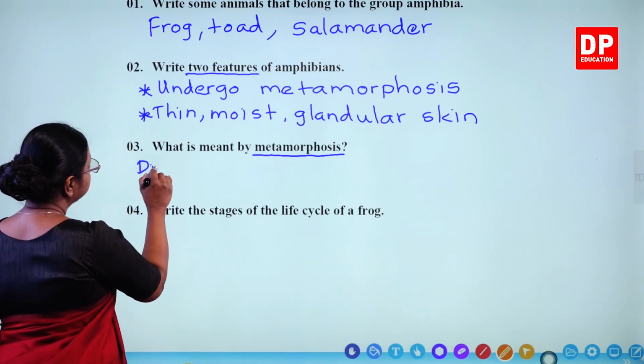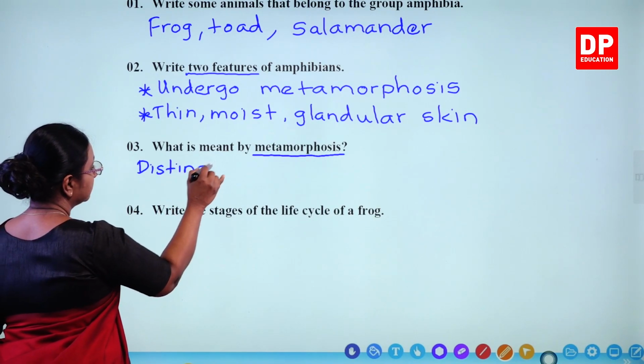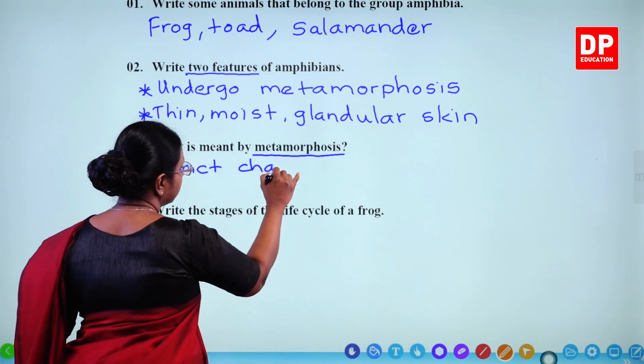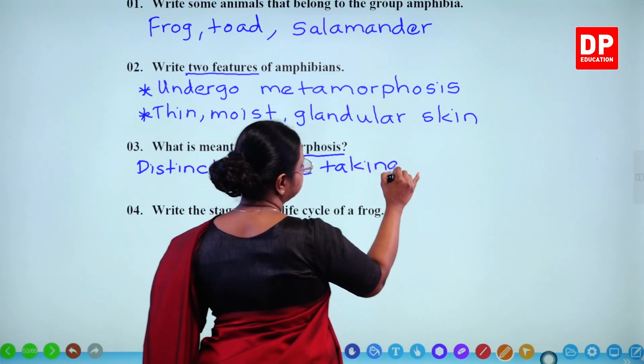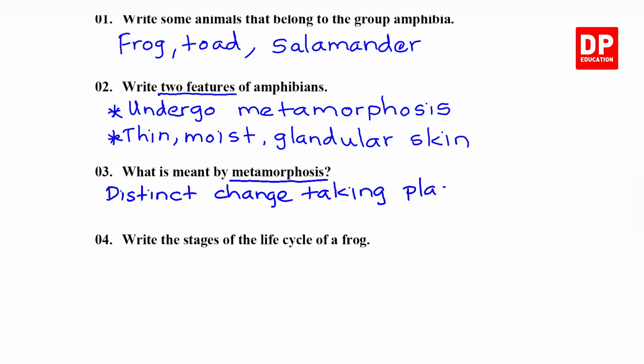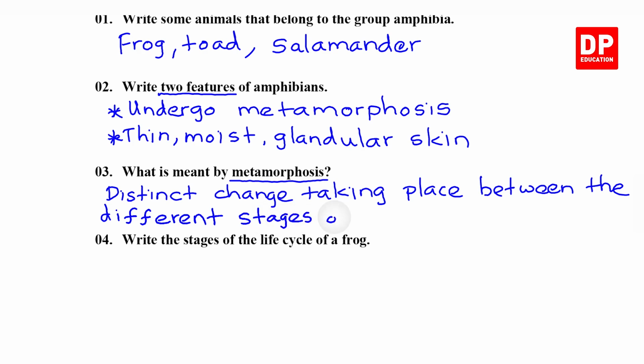So what is meant by metamorphosis? Distinct change taking place between the different stages of an animal.